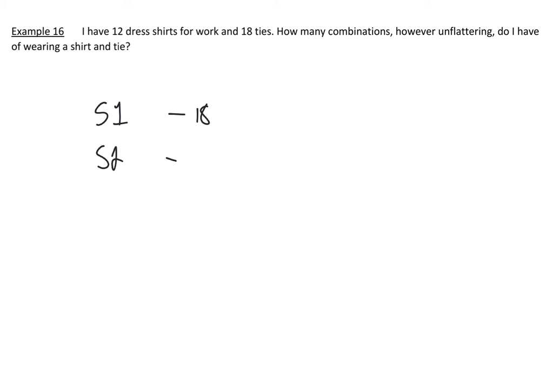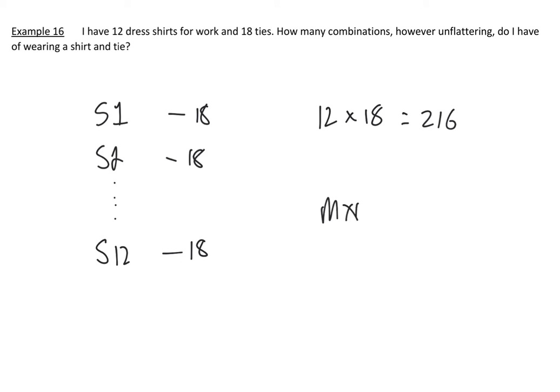Shirt 2, you have another 18 different options, all the way down to shirt 12 with another 18 different options. So what we have then are 12 lots of 18, which is 216 different combinations. And this works for the formula. The product rule of counting is m times n, and that would be 12 times 18.